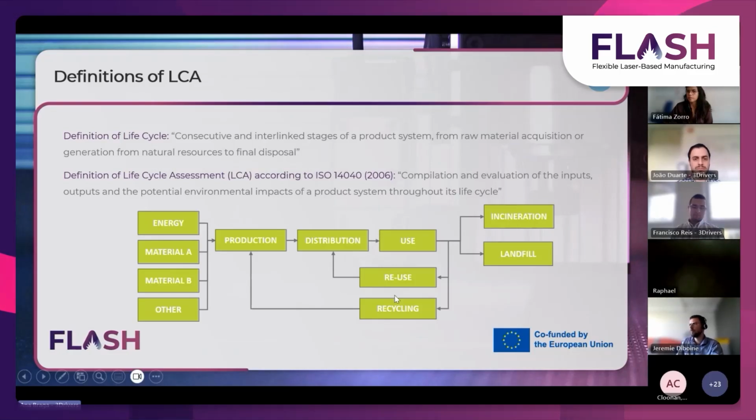It can be a very simple linear life cycle: raw materials, production, distribution, use, and end of life. And the end of life can be only one alternative, for example, landfill or recycling.